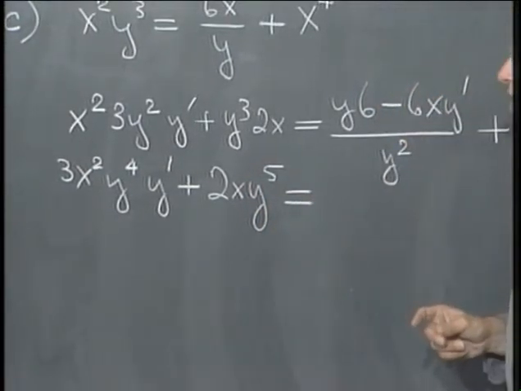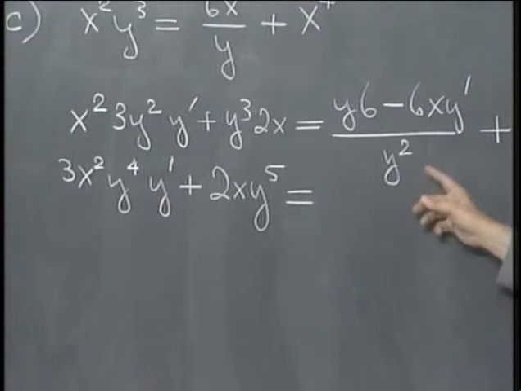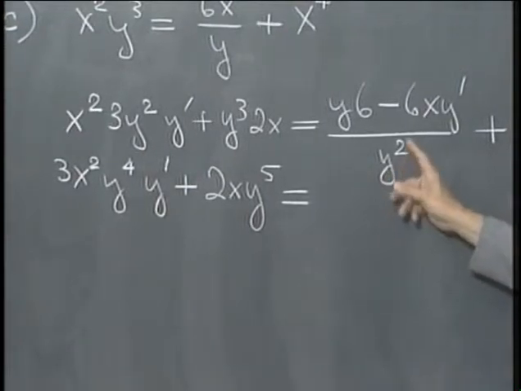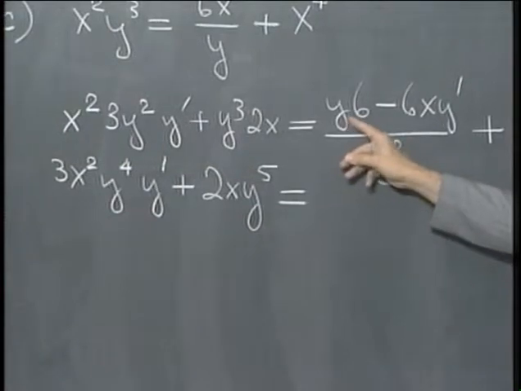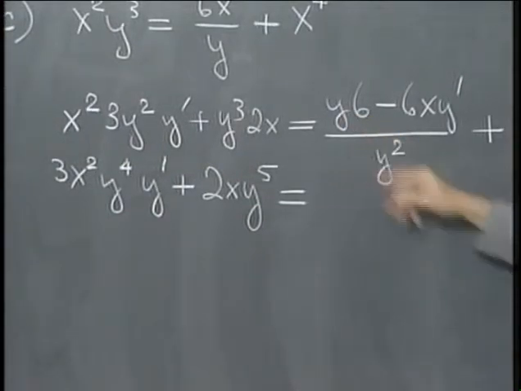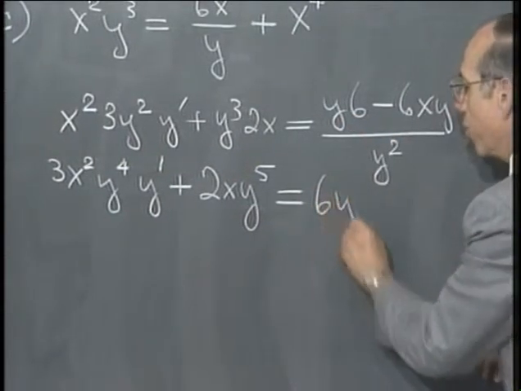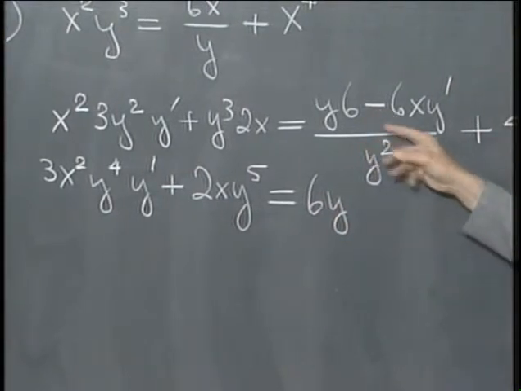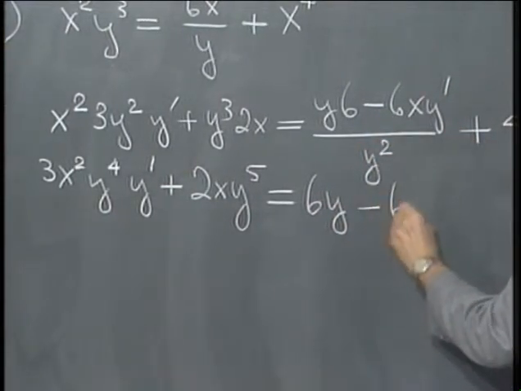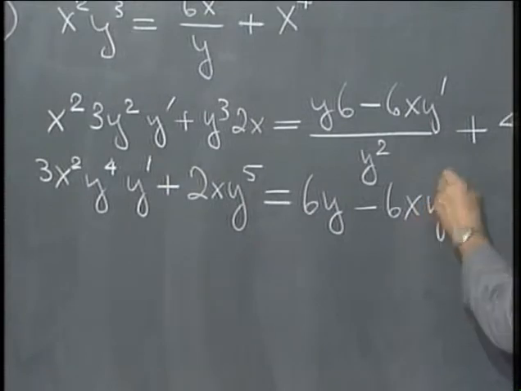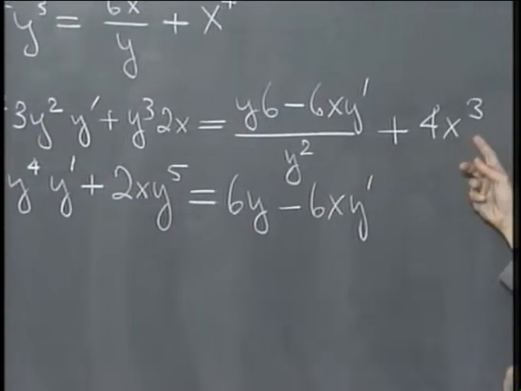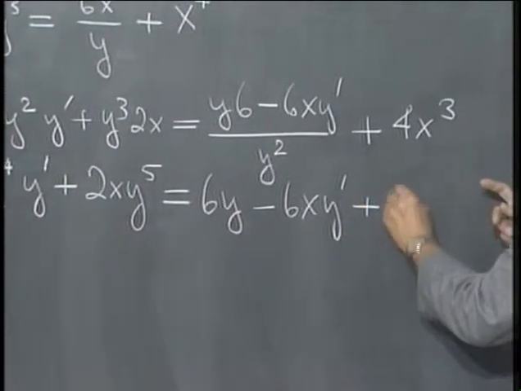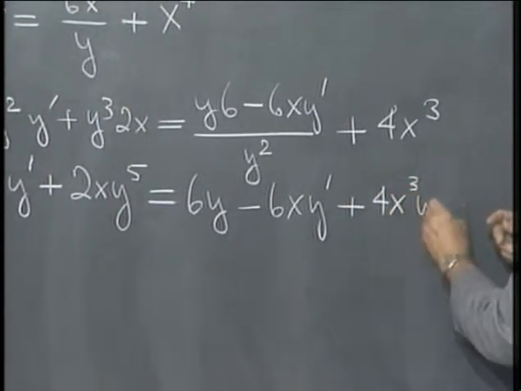That's the left-hand side. This equals, now, multiplying through by y squared just wipes out this denominator. So we're left with the numerator here, which is y times 6, which of course we'll write as 6y, minus 6x times y prime. And finally, when we multiply this term by y squared, we get 4x cubed times y squared.